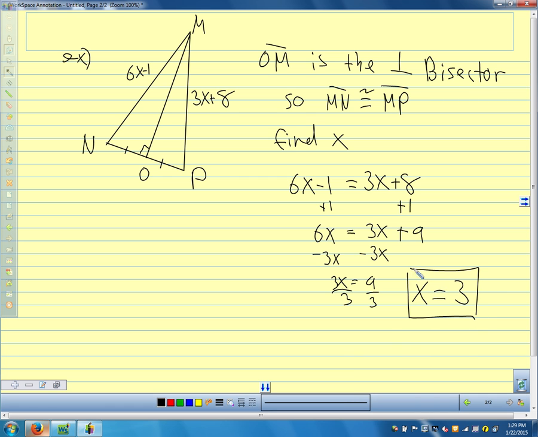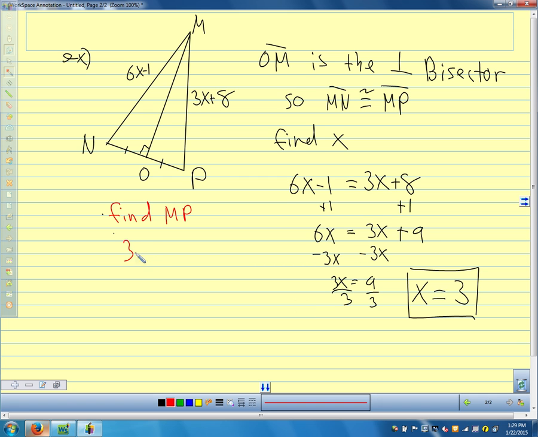What if the problem had asked us to find, instead of saying find x, what if it had said find MP? What would we do then? Plug 3 back into the equation.